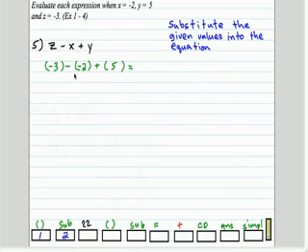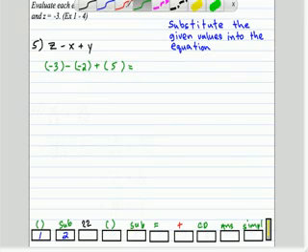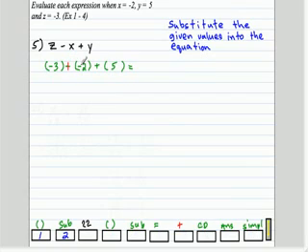But what do I want to probably do with these two negatives here, this double negative? I probably want to change that to adding the opposite. That's going to help me bring these together. So all of it is plus now. So I have a negative 3 plus 2 plus 5.